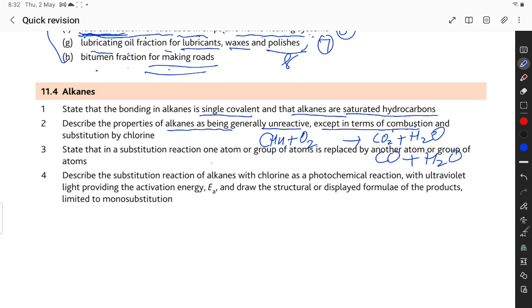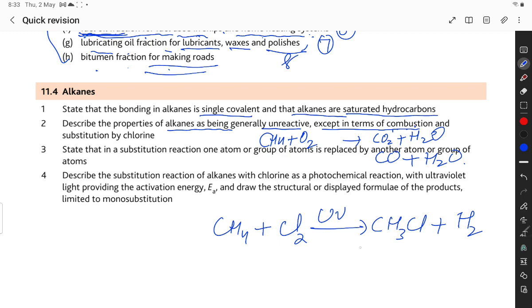State that in a substitution reaction one atom or group of atoms is replaced by another atom or group of atoms, like CH4 plus Cl2 with UV light forms CH3Cl plus HCl. This reaction continues until all hydrogens are replaced by chlorine atoms. 1 mole of chlorine replaces only one hydrogen. Please keep it in mind.